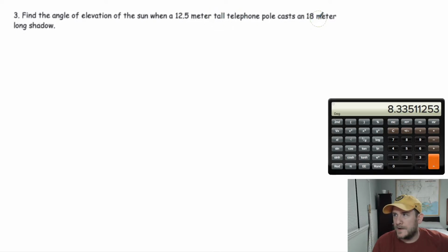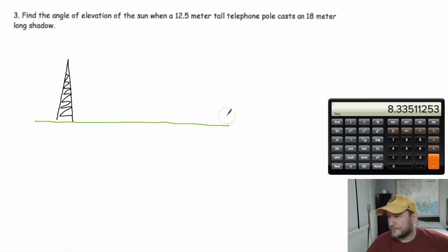tower casts an 18 meter long shadow. Okay, fine. So here's my tower. I'll make it one of these guys. That's a pretty good tower. Now, here's the ground.